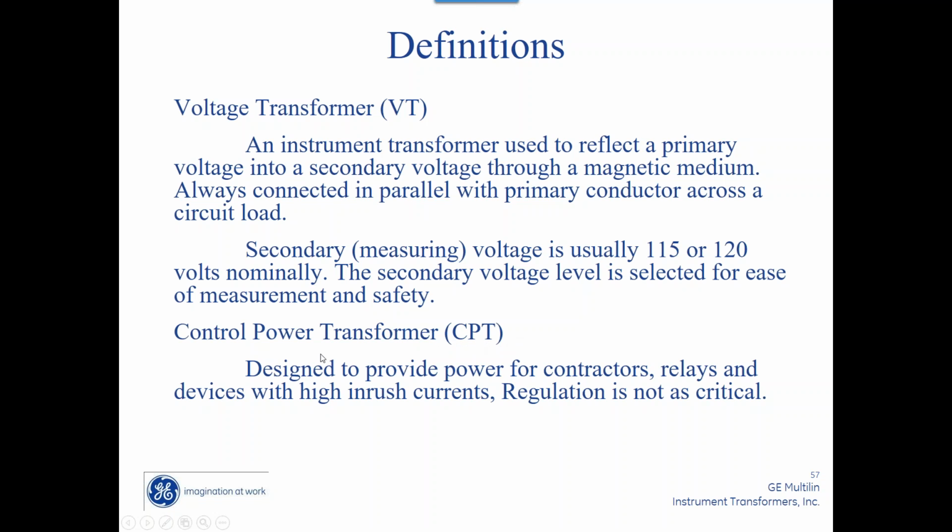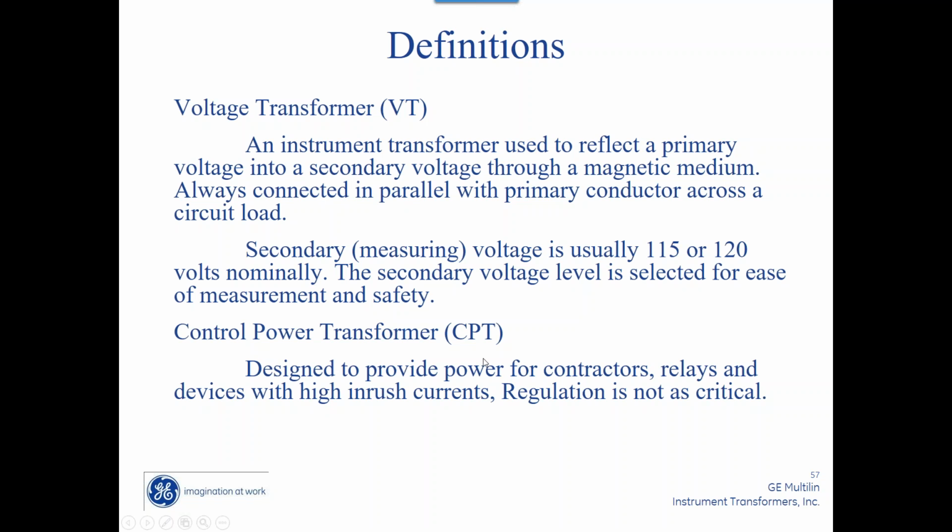The difference is control power transformers are designed for contactors, relays, and devices with high inrush current. A lot of people don't realize it, but a solenoid is like a 0.5 power factor, and they give you the rating in watts. Well, when I go to VA, which is the way I size transformers, the VA is double what the watts is at 0.5.